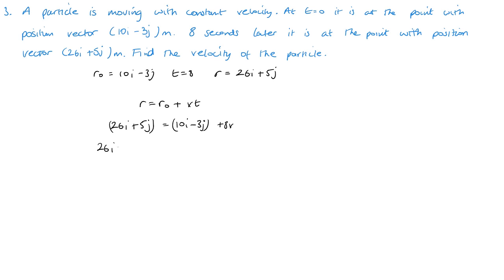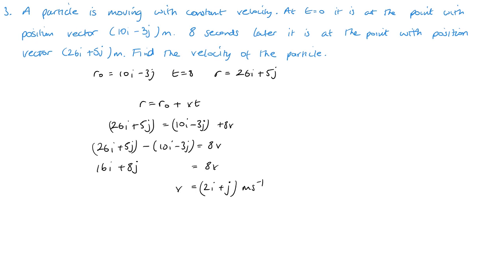So 26i plus 5j minus the 10i minus 3j. So 26 minus 10 gives me 16i plus 8j. And then dividing by 8, we get 2i plus j. And that is the velocity in meters per second.